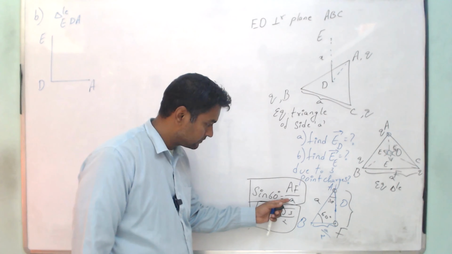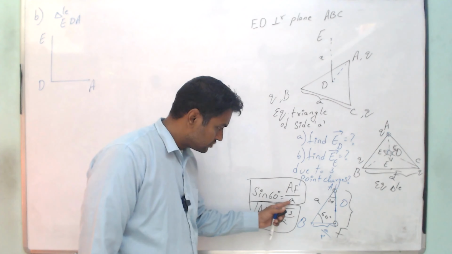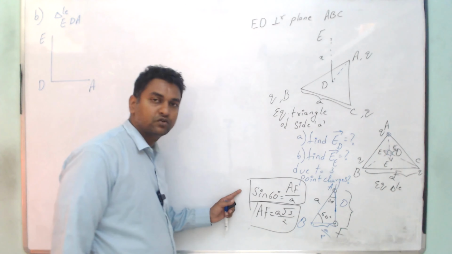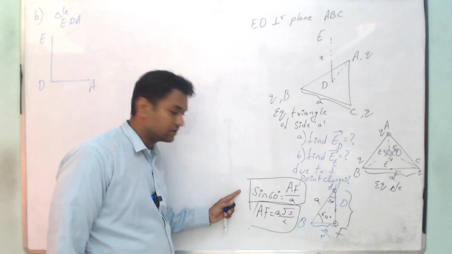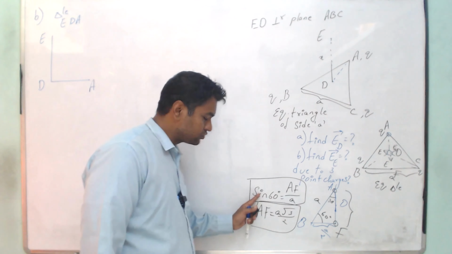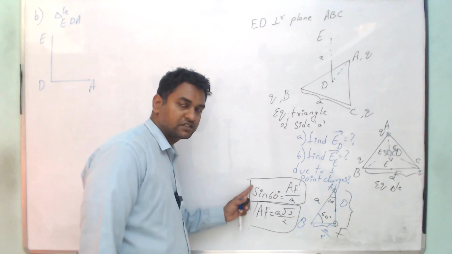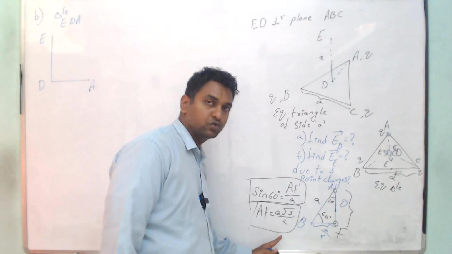I cross multiplied this a to the other side, so a into sin 60, and sin 60 is root 3 by 2. So a into root 3 by 2 is AF.